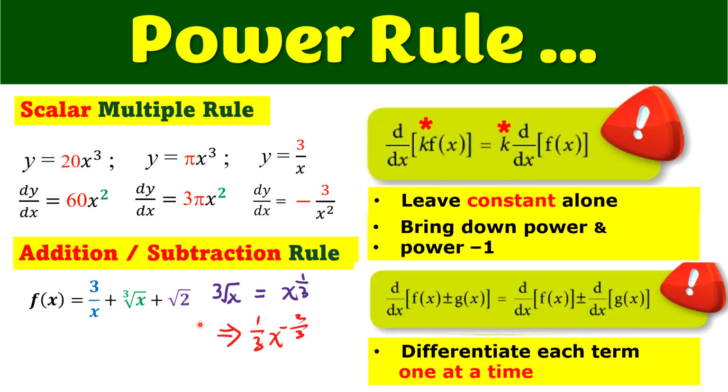The last one is square root of 2. You realize that this is a constant, so when I differentiate, this will give us 0. By putting all this together, I will have the derivative equals negative 3 over x squared plus 1/3 x to the power of negative 2/3.